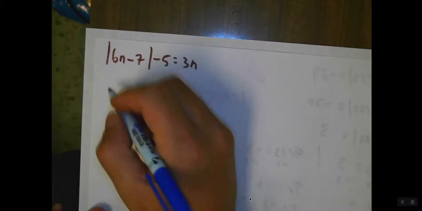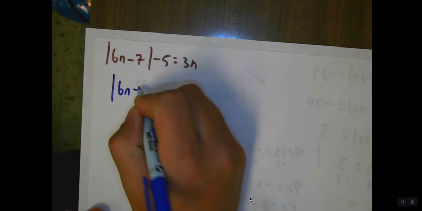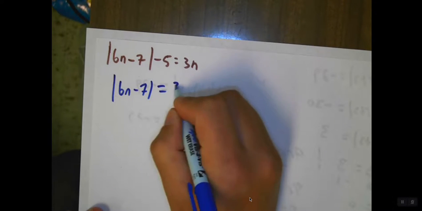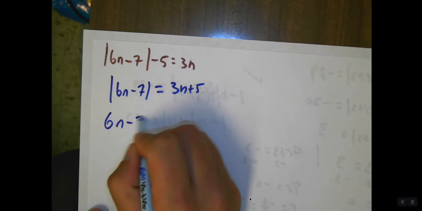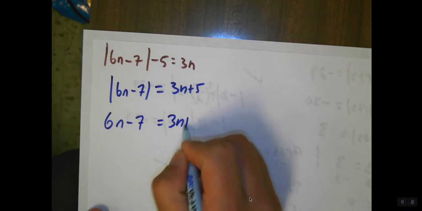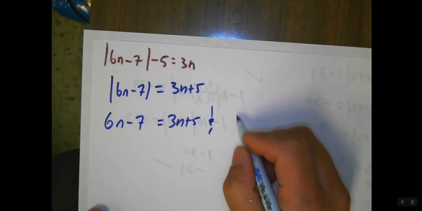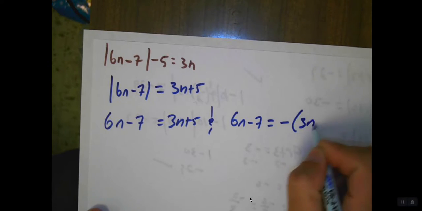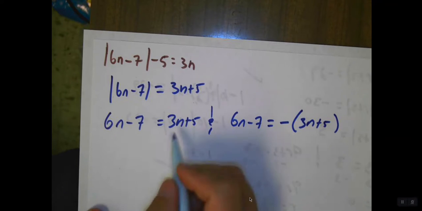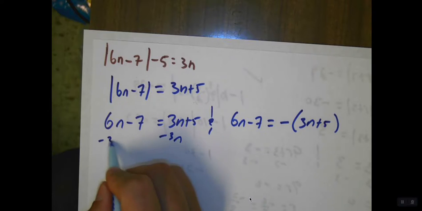All right, first thing we're going to do here, we're going to add 5. Split up into 2 cases. And here's the other one, 6n minus 7 equals negative 3n plus 5. So then this guy right here, you're going to subtract 3n, right?